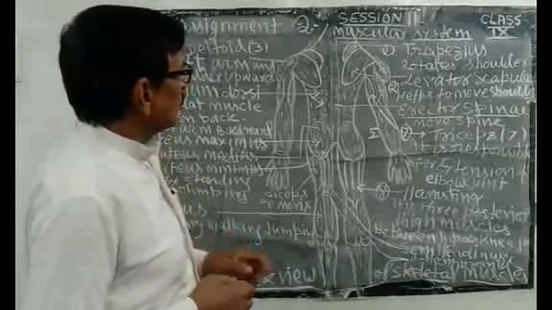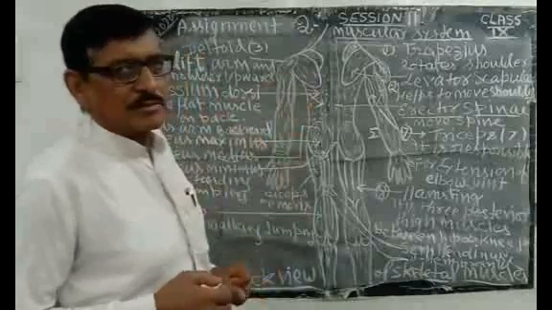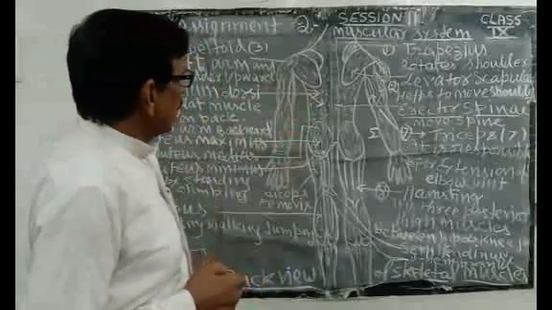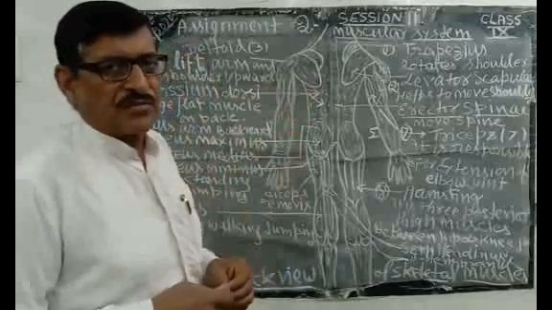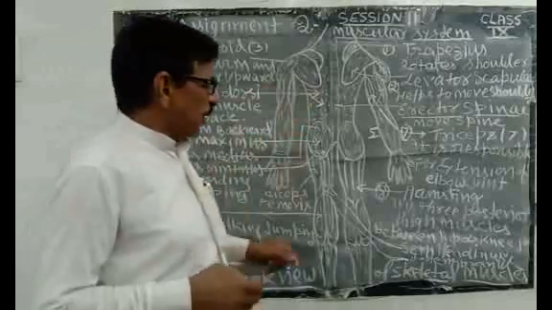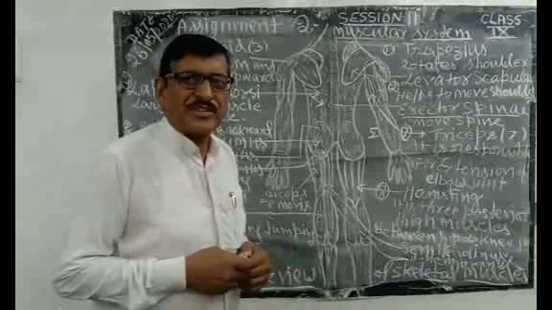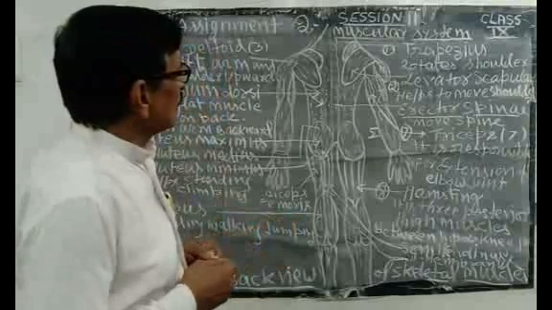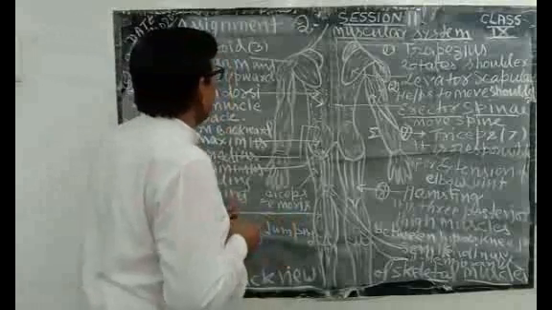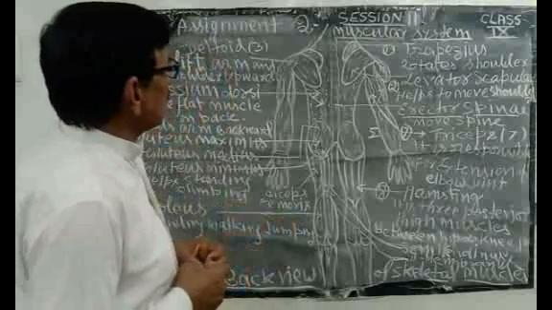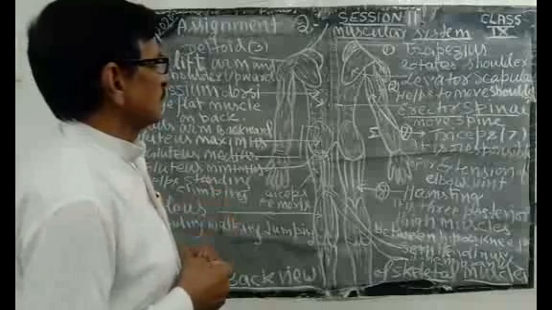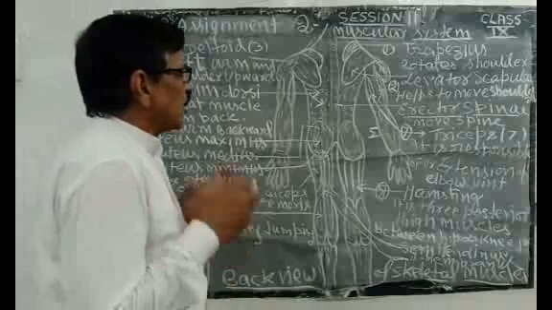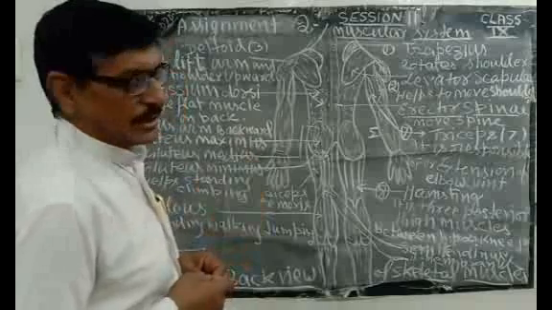Now, children, look at the blackboard. I have drawn a back view diagram of a skeletal muscle. So, we can say about the shoulder muscles. There are three types of shoulder muscles.